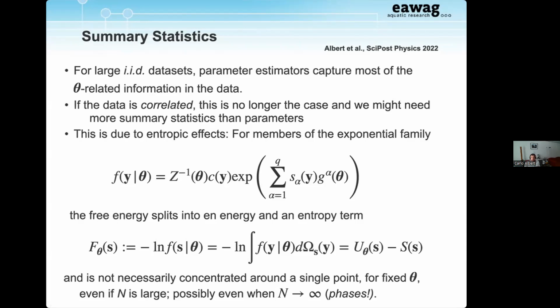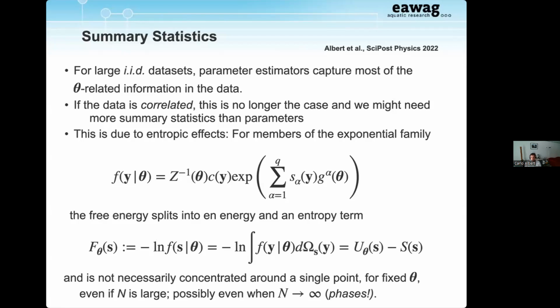So the number of particular realizations that belong to a certain set of summary statistics can sometimes overrule the energy. I will show an example in a moment.